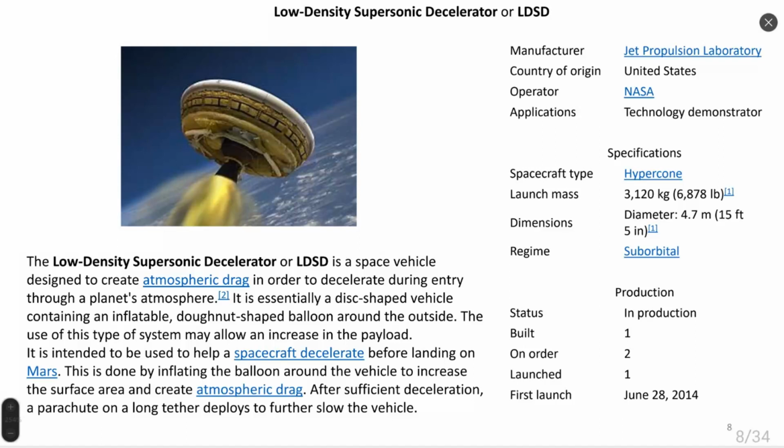It is a Mars decelerator, which uses the theory of hypersonic flow in practical application to decelerate and to land on Mars with use of drag created by the process of deceleration.